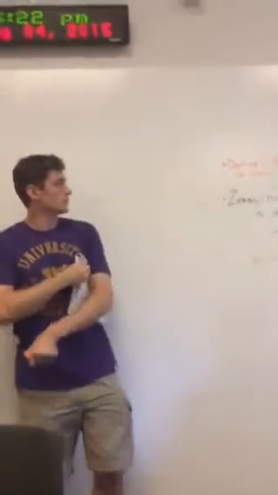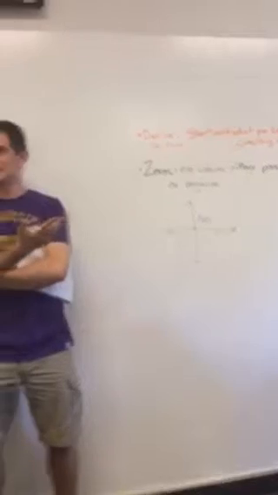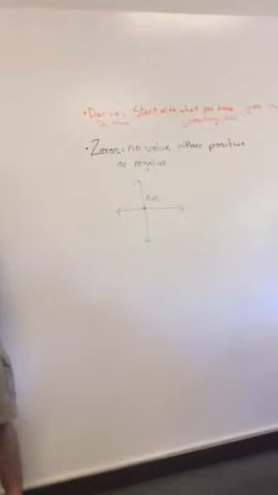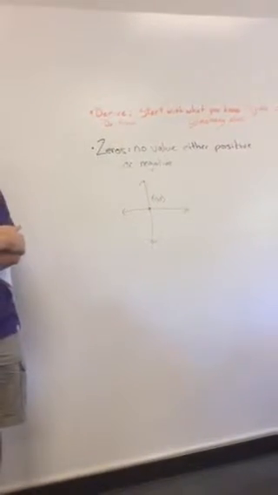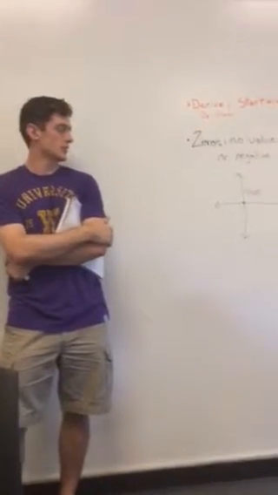but zeros can be used as a placeholder in numbers. Well, I think for derive we said start with what you know, figure out something else. We kind of talked about how it can be a description of a location on a graph.